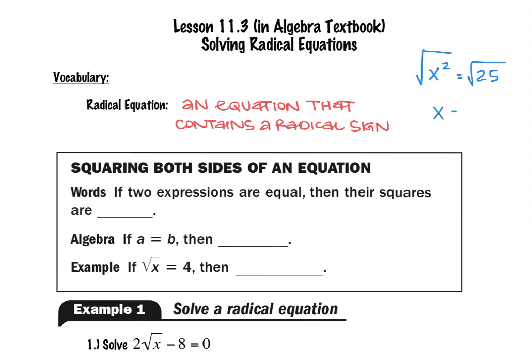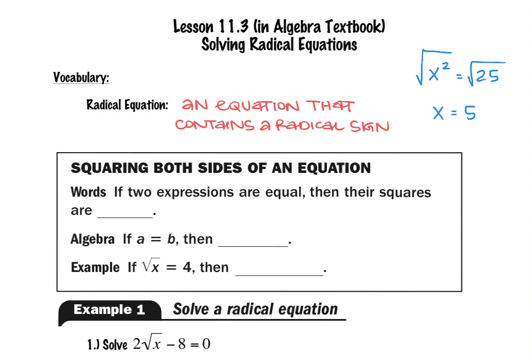And that works because squaring a number and taking the square root are inverse operations, just like addition and subtraction and multiplication and division. So today we're going to have equations that have a square root sign, and to undo it, we are going to square each side. Because again, taking the square root and squaring a number are inverse operations that undo each other.